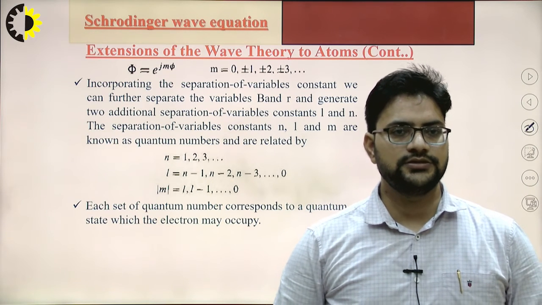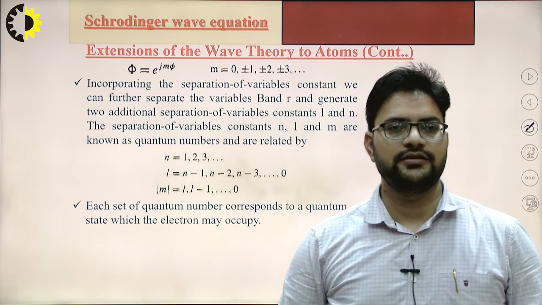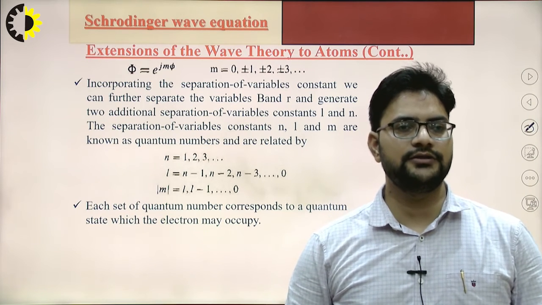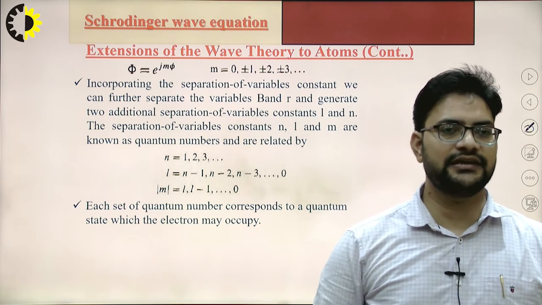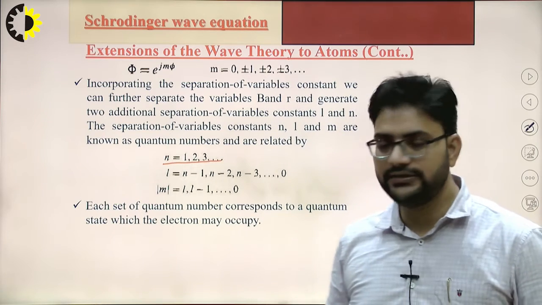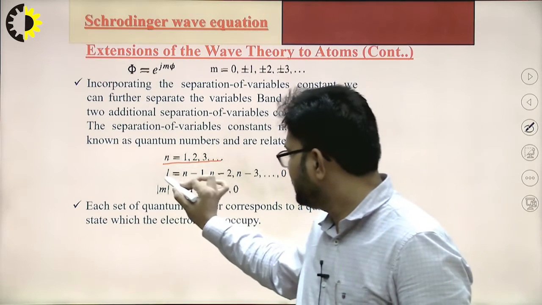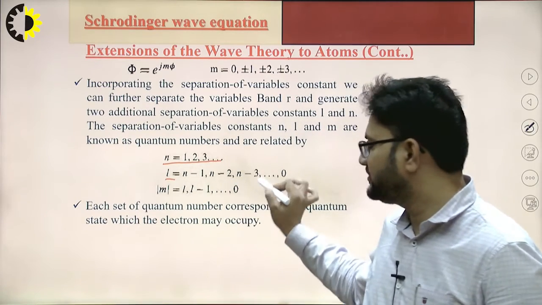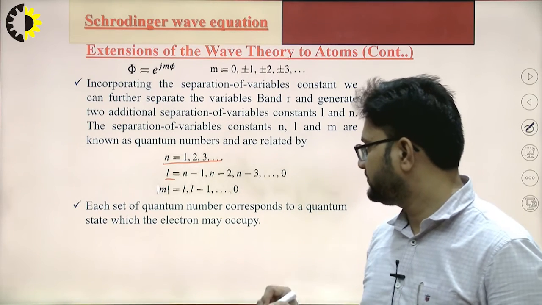The separation of variable constants n, l, m are known as the quantum numbers, and they are related by n equal to 1, 2, 3 and so on, and l equal to n minus 1, n minus 2 and so on, up to 0 if you consider.